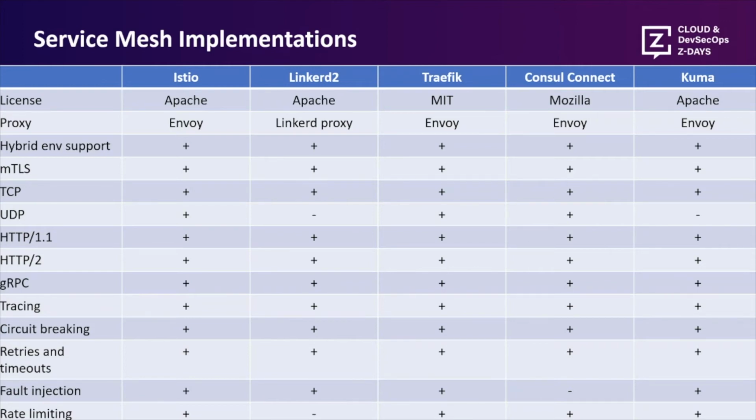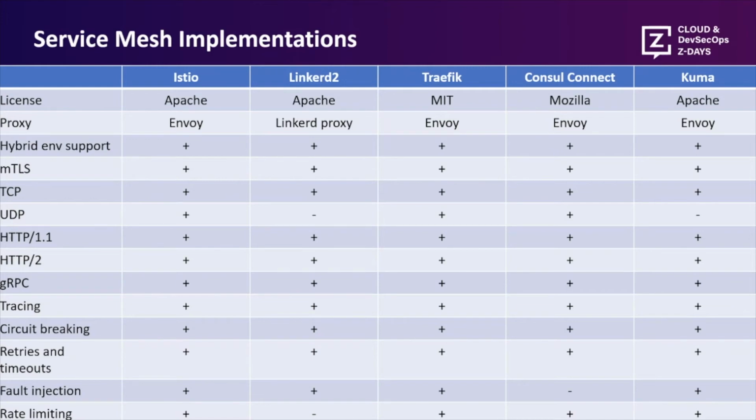If you are looking at this, you will see that most critical features will be supported by most service meshes, right? And most of them will use Envoy as a proxy. Envoy is a piece of software that is used as that sidecar proxy.